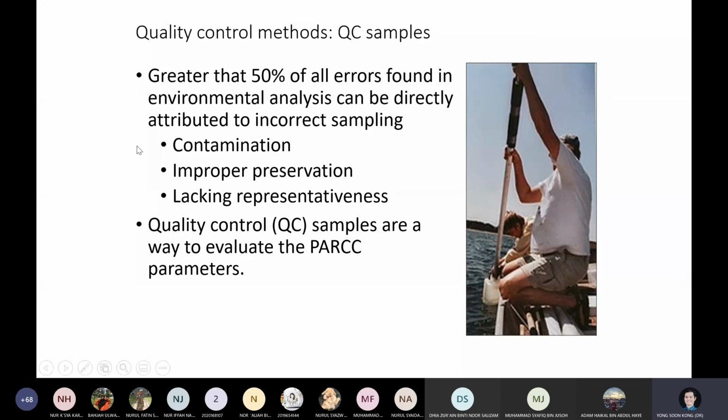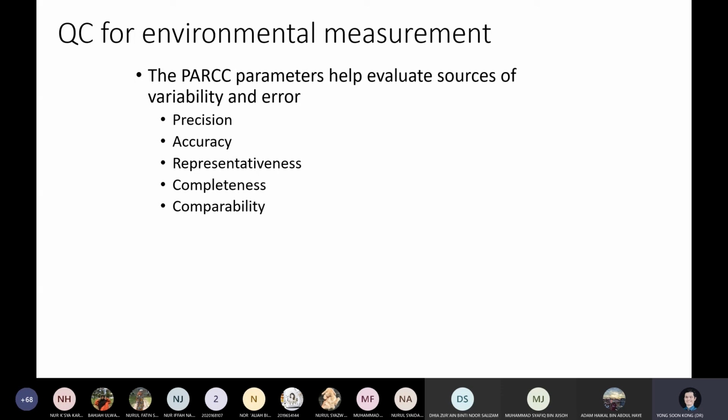And in terms of the quality control, they are evaluated in the so-called PARCC parameters. I think I've also elaborated these in our first lecture. Possibly you don't remember, but I'm going to take you through. So what is PARCC? Precision, accuracy, representativeness, completeness, and comparability.